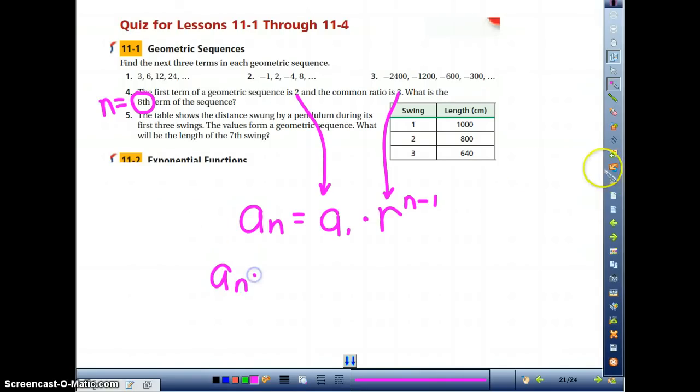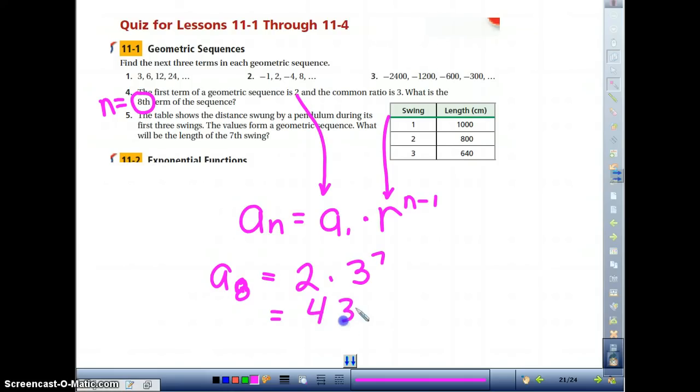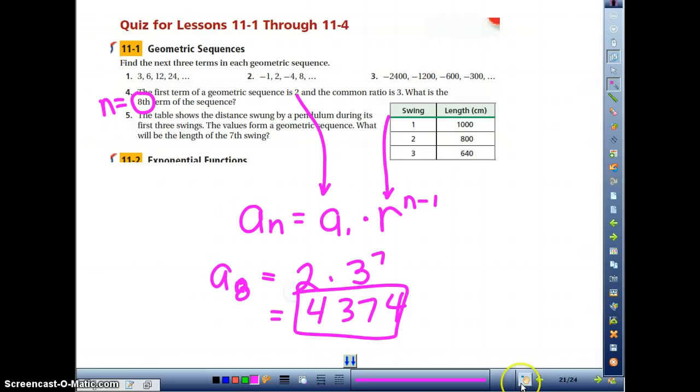A sub n, well actually this is going to be a sub 8, equals your a sub 1, the first term in the sequence, multiplied by your common ratio of 3, raised to the n minus 1, 7th power. So that's going to be 2 multiplied by 3 raised to the 7th power. I got 4,374. What did you get? Hope we got the same thing.